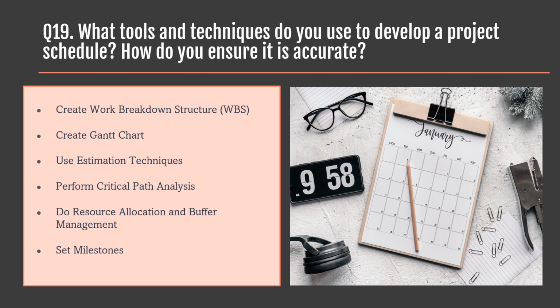She then did critical path analysis by analyzing the dependencies between tasks and prioritized activities. Resource allocation was done for development, designing, and testing. She then added some buffer time considering potential delays due to unforeseen circumstances. For example, allocate an extra week for unexpected challenges in testing or deployment. Then finally, the milestones were set.